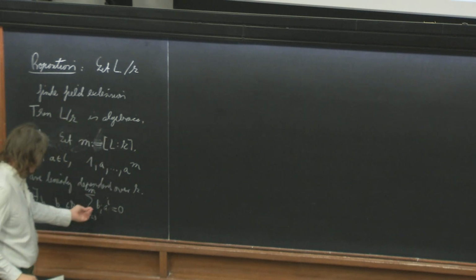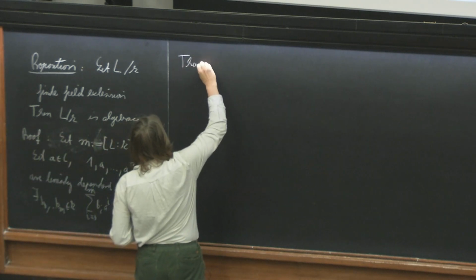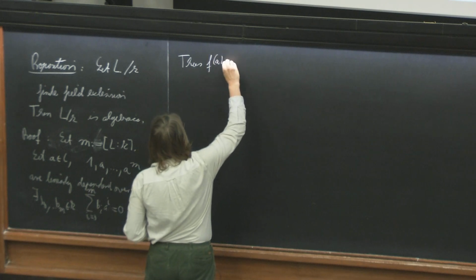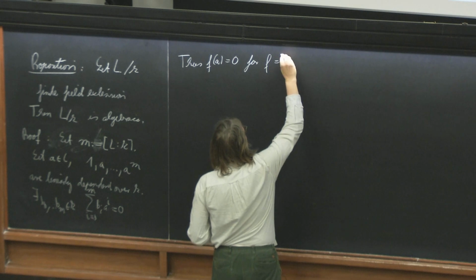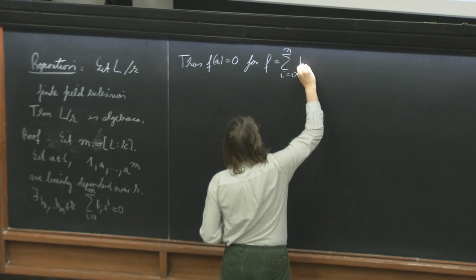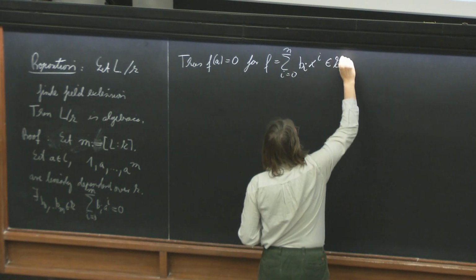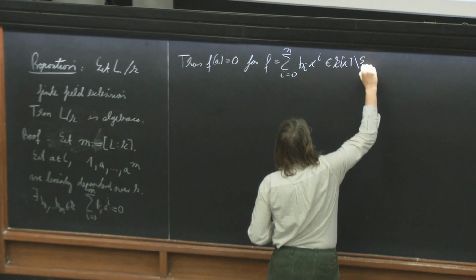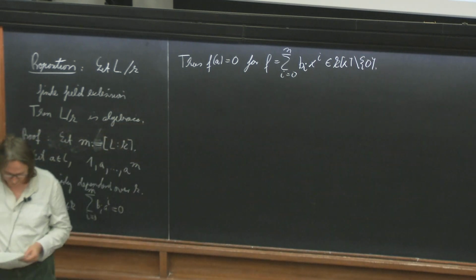And so this is just a polynomial, the sum of b_i X to the i, which vanishes at A, and it's not 0. Okay, so that's very simple.